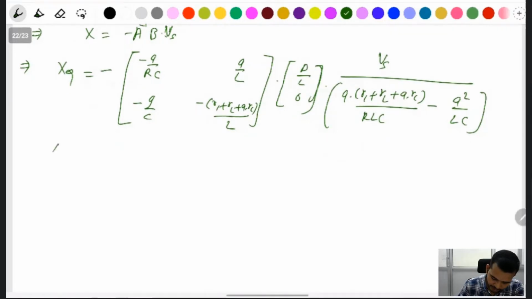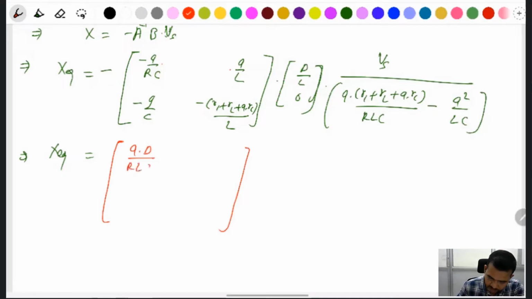This one A inverse, this one B, multiply by negative in the matrix. This one is positive, all of the things. This one is negative. So multiply by here is minus 1 minus here positive, A into D divided by RLC.